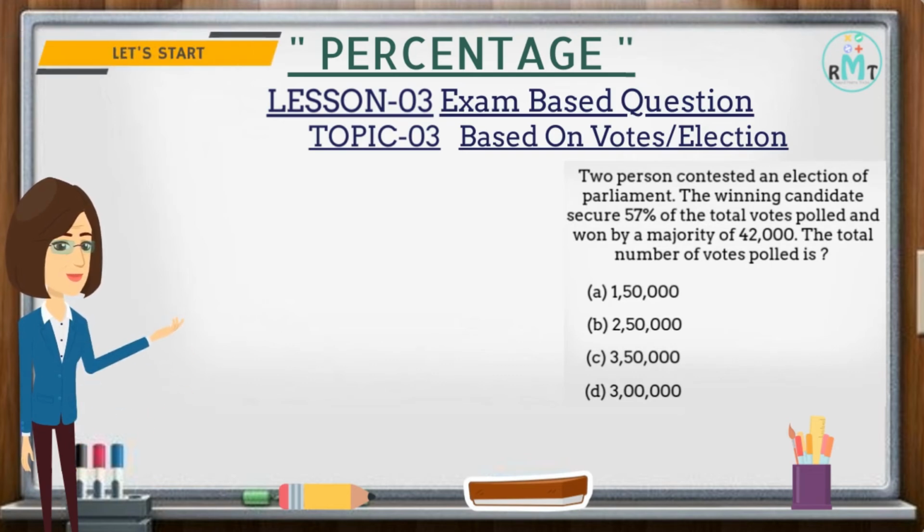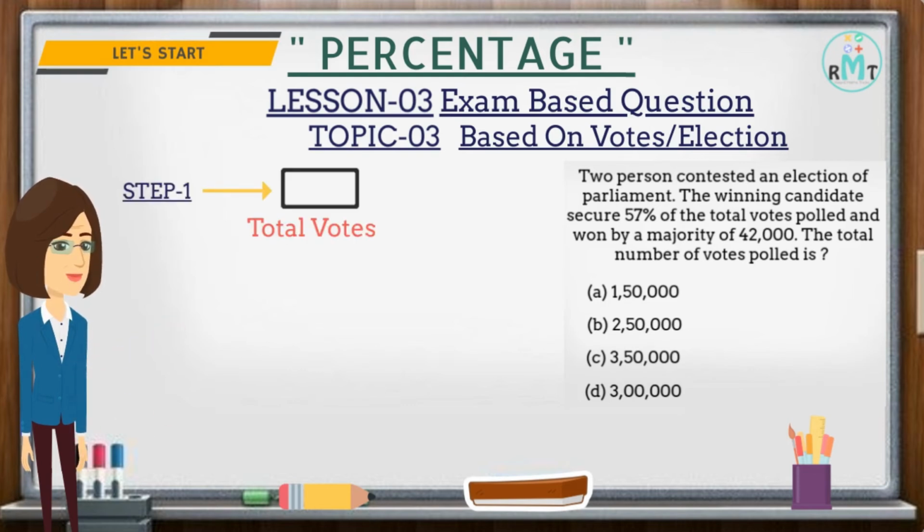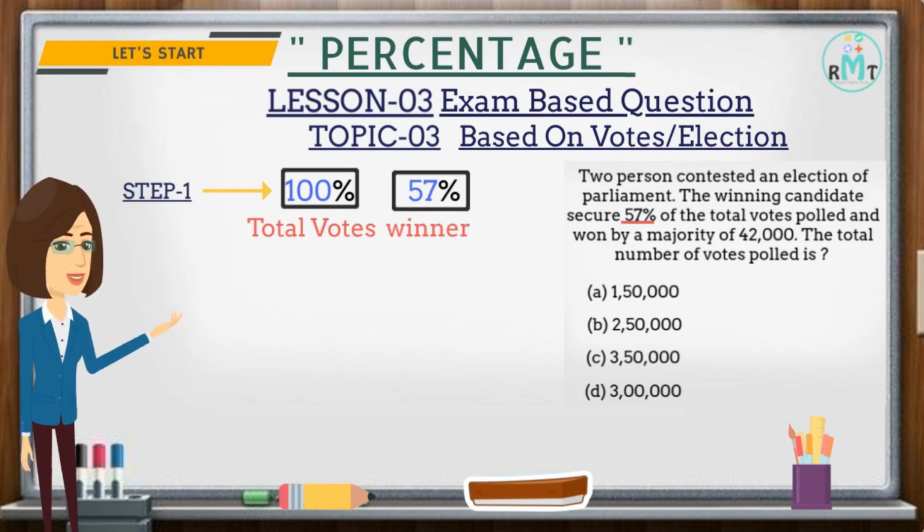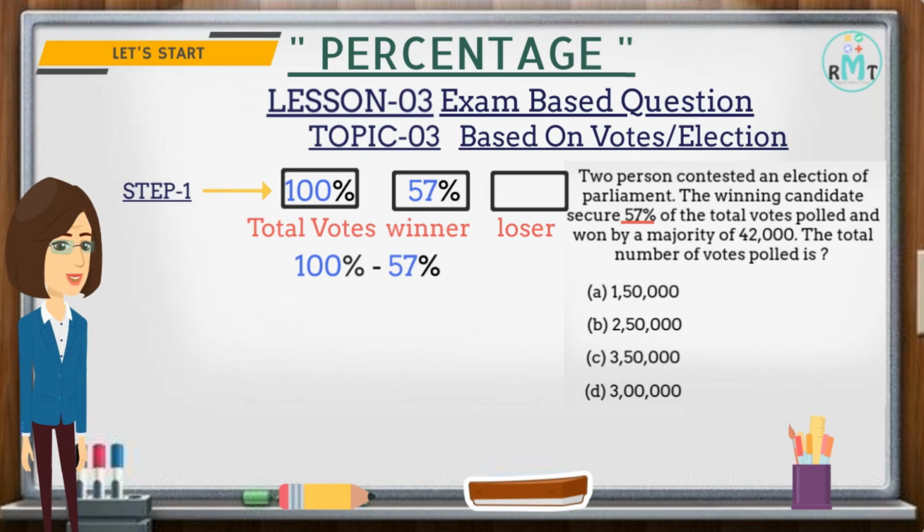Let's start. Step 1. Let us assume the total number of votes equal to 100%, out of which the winner got 57% of votes. So we can easily find the loser percent by subtracting 57 from 100, and we get 43%.